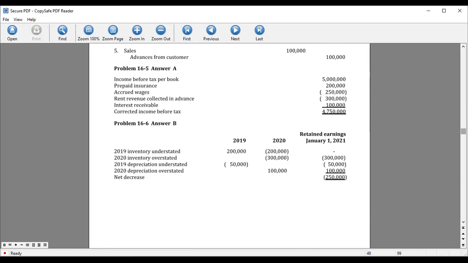The company failed to recognize accruals and prepayments during the first year of operations. The income before tax is 5 million. The accruals and prepayments at the end of the year are prepaid insurance of 200,000.